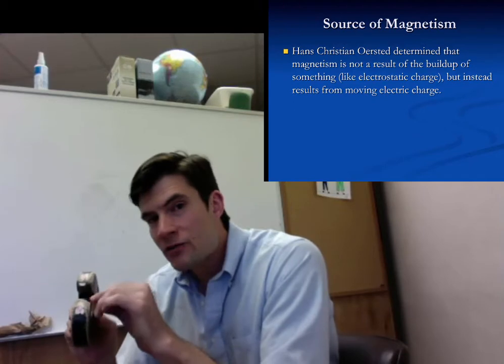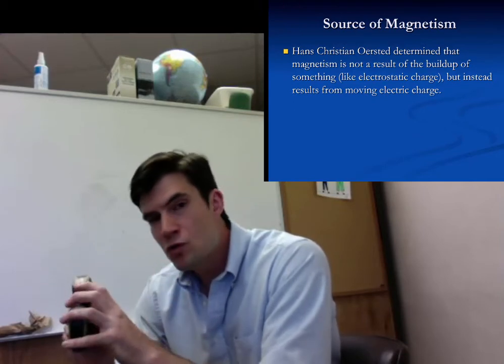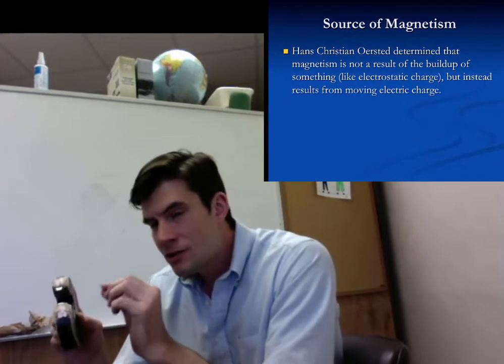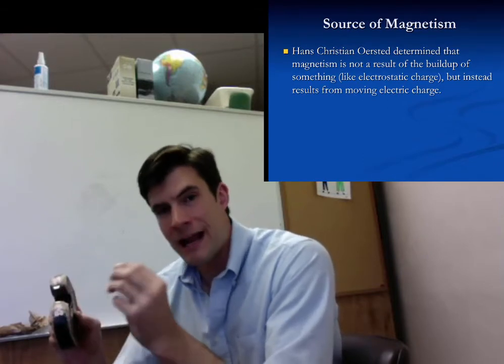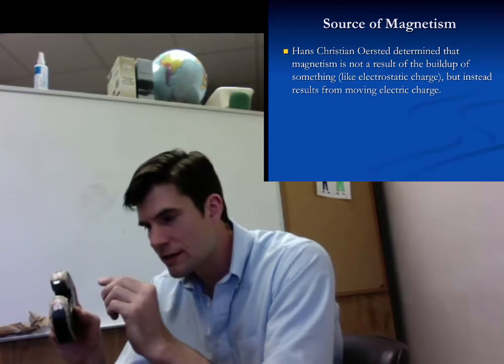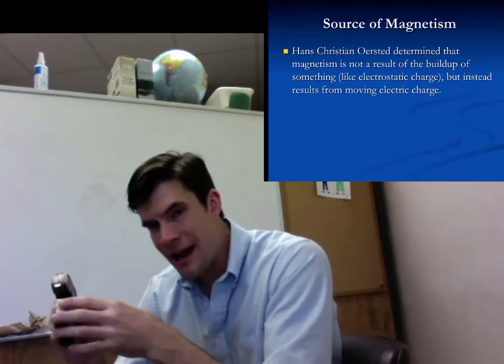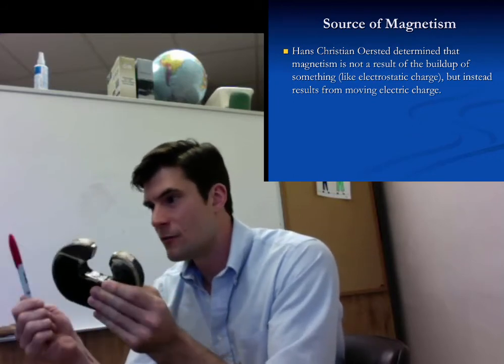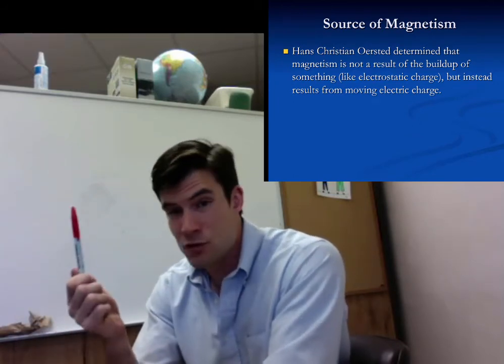So on a supermicroscopic scale, there is moving electric charge. And each little atom acts like a tiny magnet. There is a magnetic field generated by the moving electrons in each atom. Now, that doesn't explain why this is different from this, because this has moving electrons too.